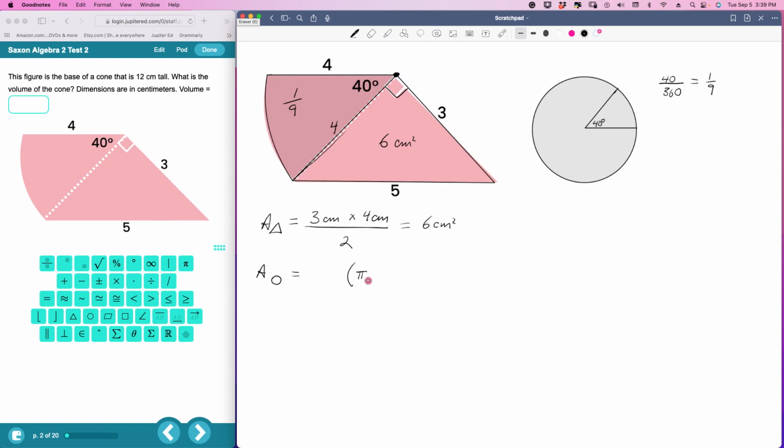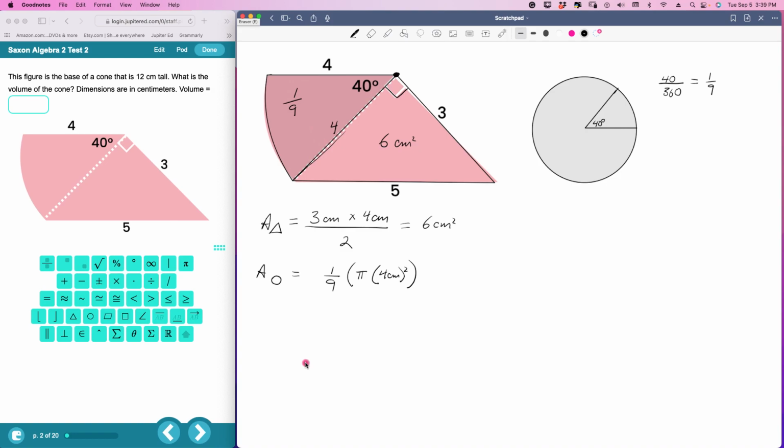So pi times 4 centimeters squared. But we also know that we only want 1/9 of the circle area. We just want a part of it. So we're going to multiply the total area by 1/9 to find that part of the area for that sector.